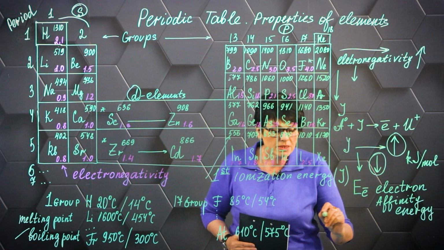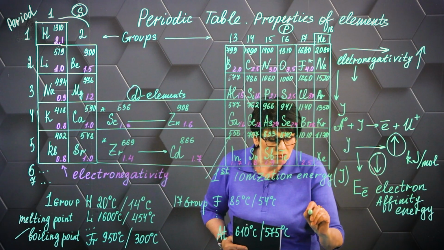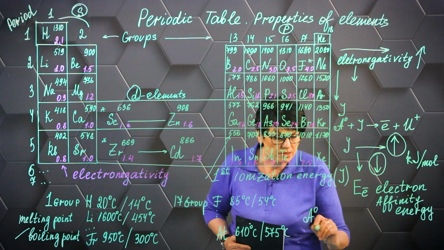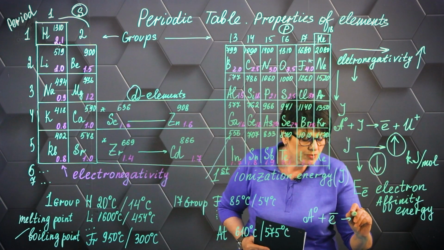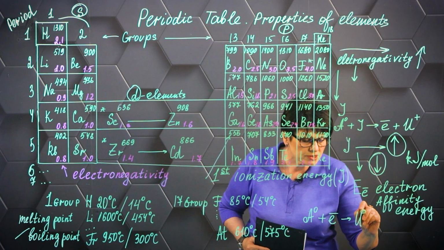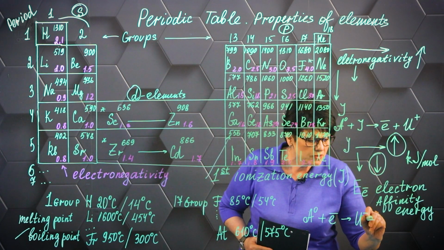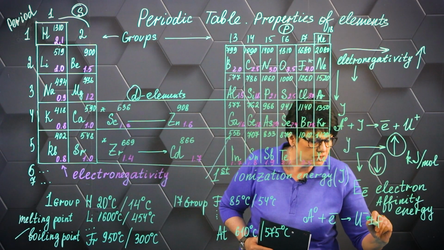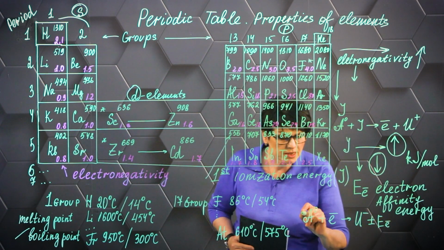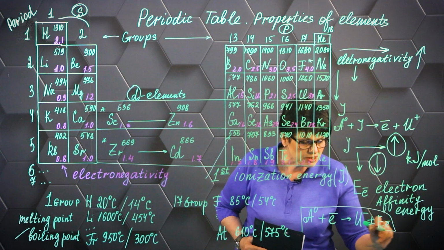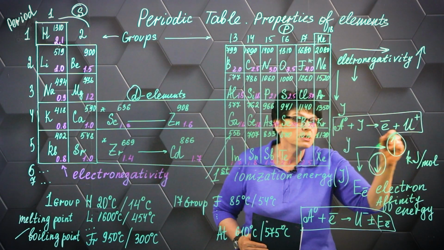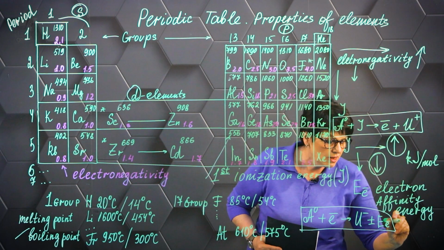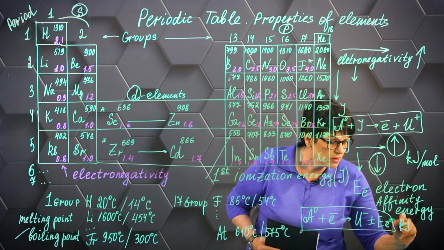It looks like this if we take an atom and it grabs an electron. It becomes a minus charged ion. And in this case, the electron affinity energy can either be released or absorbed. And this energy, like ionization energy, is measured in kilojoules per mole.